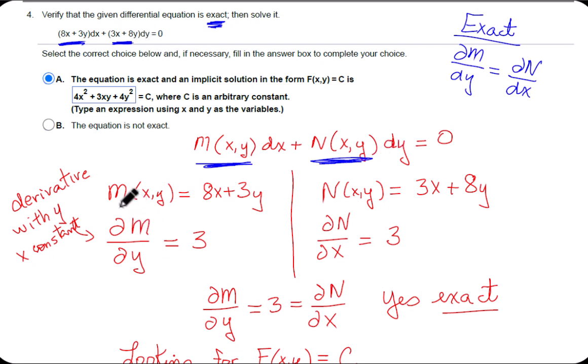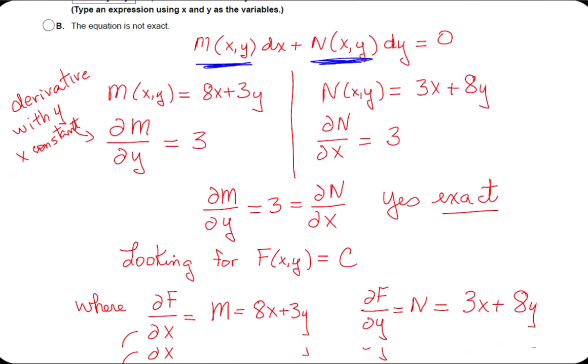So remember, when I take the derivative of M with respect to y, all of the x's are treated as constants. So the derivative of 8x is 0, and I simply get the 3. The derivative of the N with respect to x, all the y's are constants, so that goes away, and I get 3. So yes, the partial derivatives do match, and so it is exact.